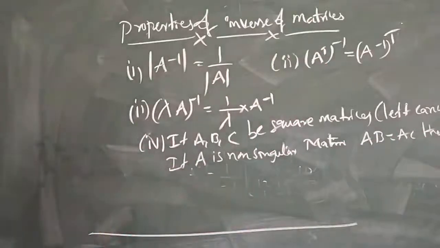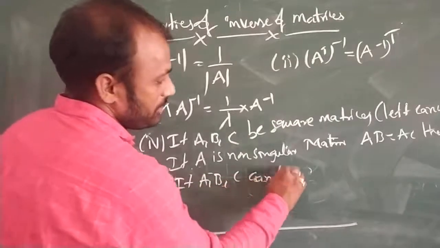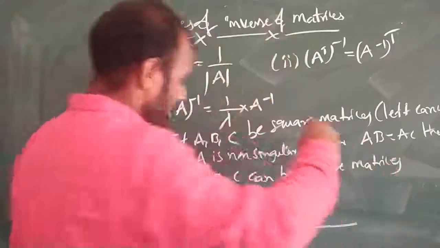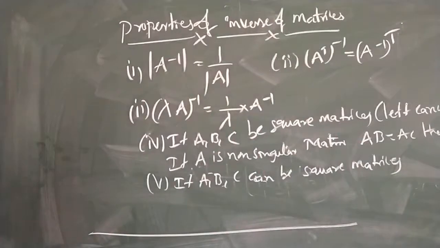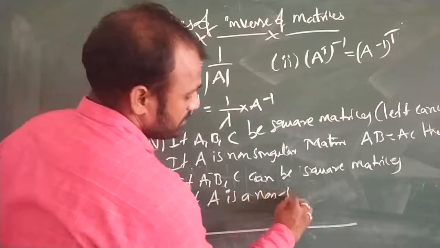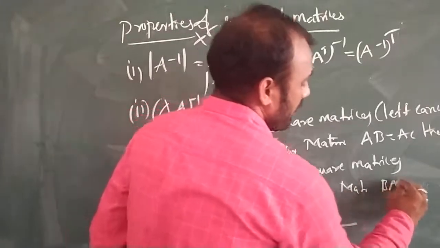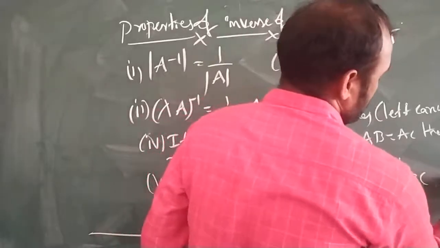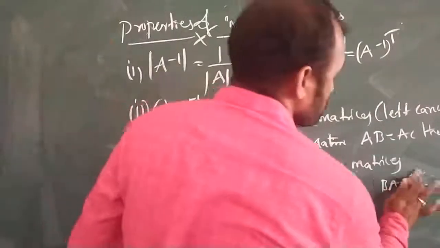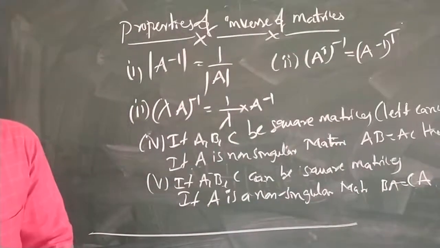Next, in opposite to this, we have the right cancellation law, which is if A, B, C are square matrices, and if A is a non-singular matrix, then if BA is equals to CA, then B is equals to C. So this is called the right cancellation law.